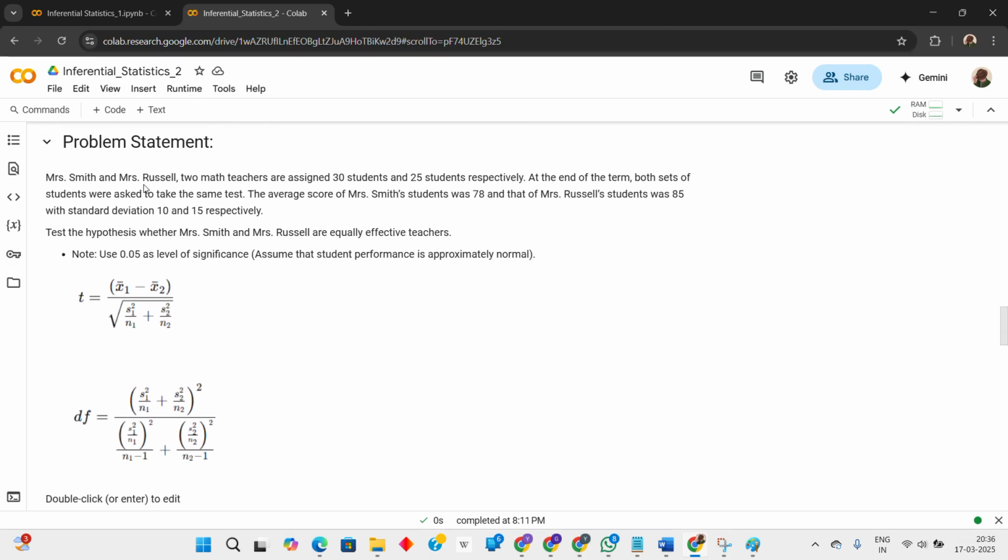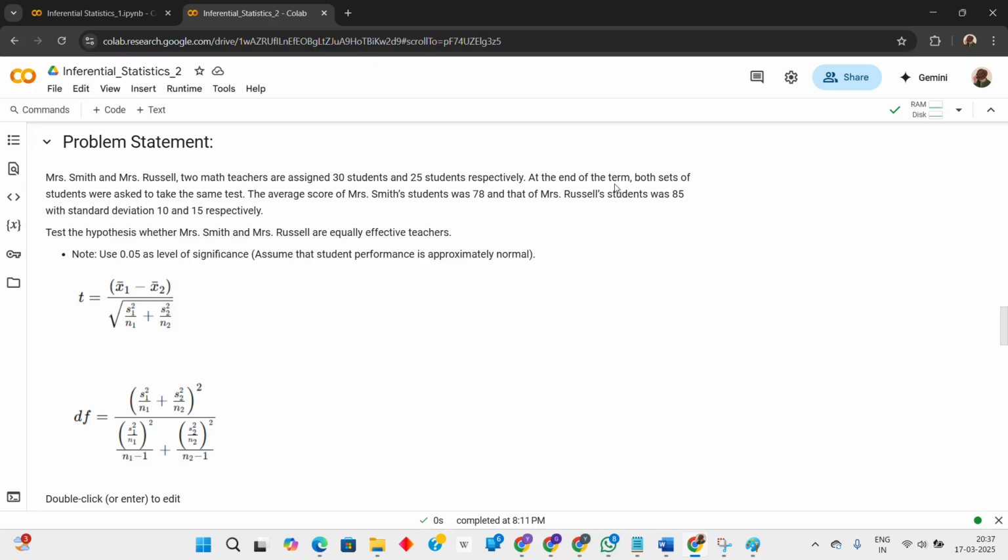Now understand this problem statement, a real world problem statement. This type of thing may arrive in your analytical journey. Here there are two people, Mr. Smith and Mrs. Russell, two maths teachers. Smith is assigned 30 students and Russell is assigned 25 students.